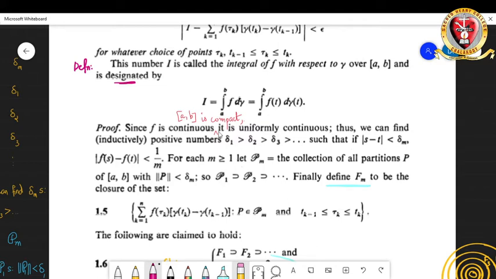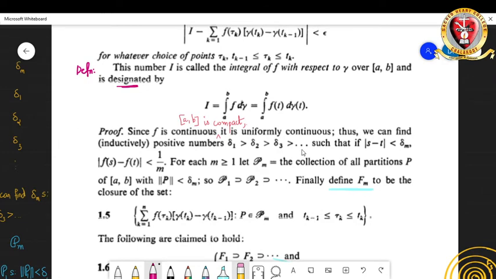Whenever we have epsilon equal to 1 by m strictly greater than 0, you will be able to find delta such that modulus of s minus t strictly less than delta will imply modulus of f of s minus f of t is strictly less than 1 by m. Just leave this 1 by m part for now.